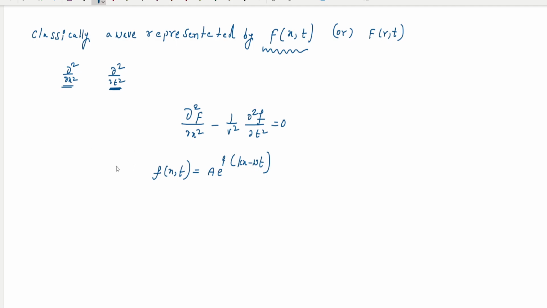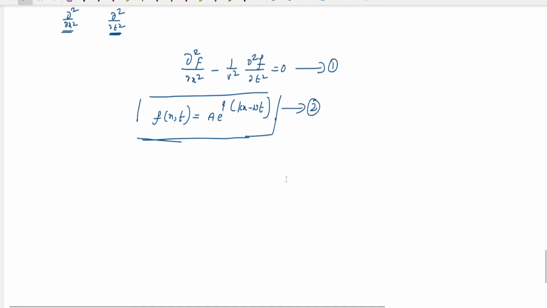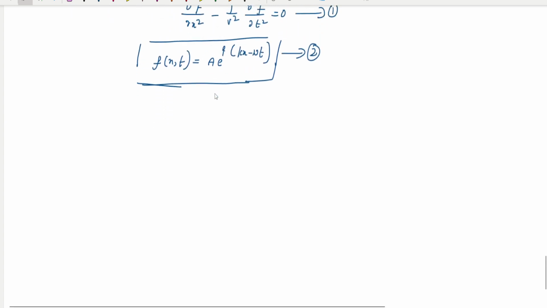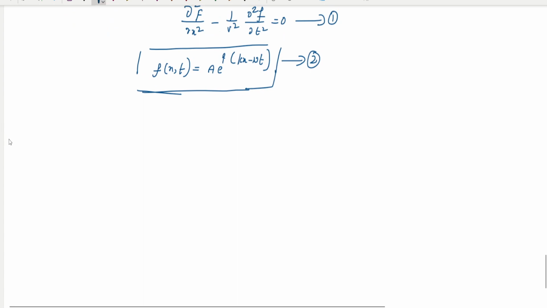So here I'm going to substitute this solution into the equation. Maybe you can take this as equation number one and this as equation number two. If you substitute the solution, with the second order space derivative and the second order time derivative, we can get the equation like this.